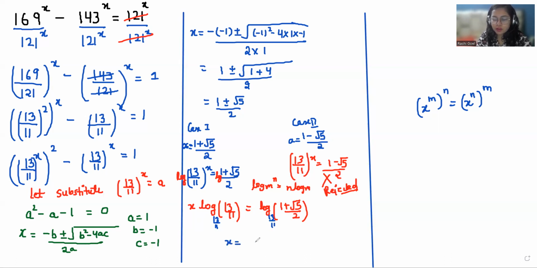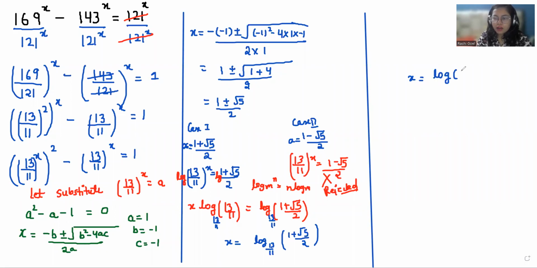So x is equal to log base 13/11 of (1 plus under root 5)/2. So x is equal to log((1 plus under root 5)/2) divided by log(13/11).